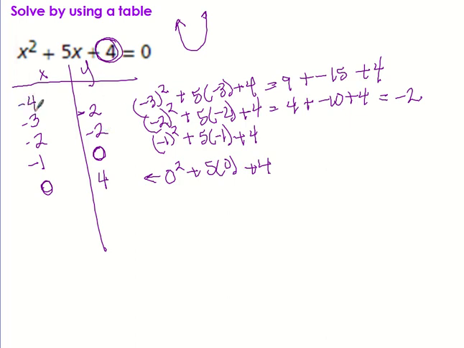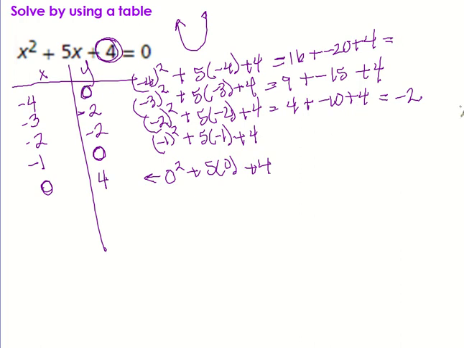So let's try -4. -4 squared plus 5 times -4 plus 4 equals 16 plus -20 plus 4. Well, 16 plus -20 plus 4 is 0.